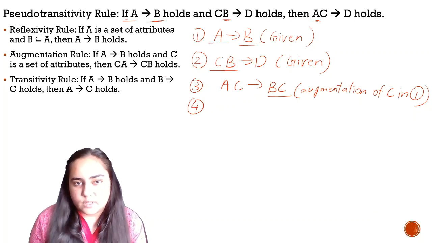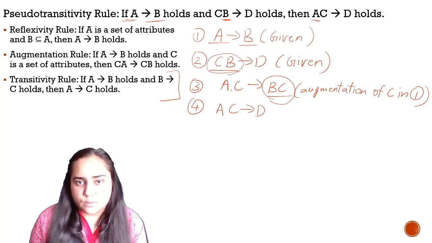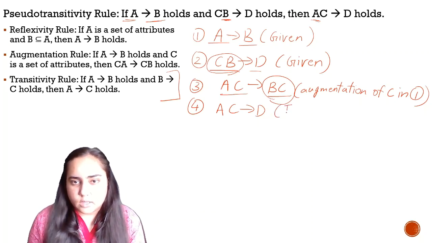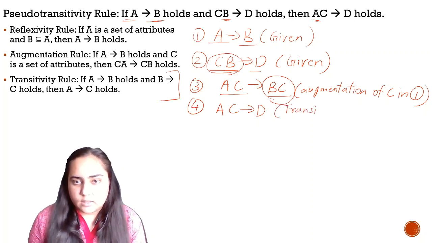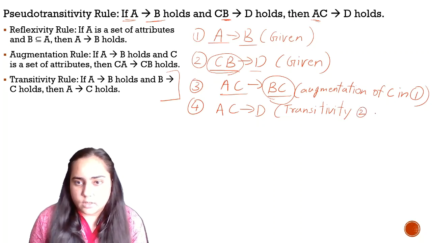So this means, once again, like the previous two rules, I can apply the transitivity rule and make it AC determines D, because there is this BC present here and BC present here, which means I can make it AC determines D. And I'm going to write next to it that this is the transitivity rule applied on 2 and 3.